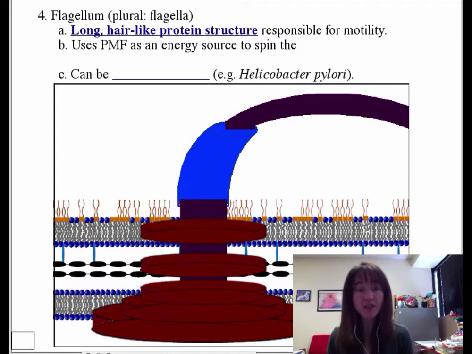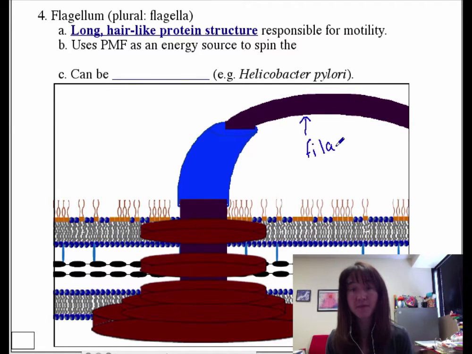So in fact, on this picture where we're really, really zoomed in to this particular cell wall, a quick look at that will tell you whether it's gram-positive or gram-negative, right? So this flagellum emanating from this cell, we can see that this is the filament. Further, this structure can be broken down into what's called the hook.